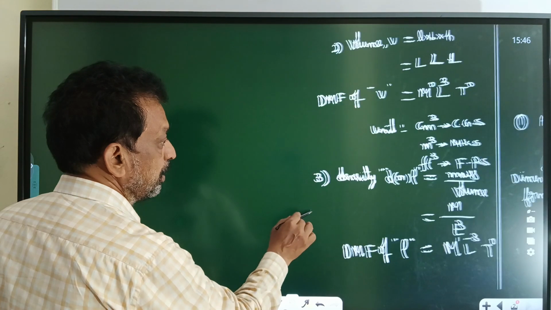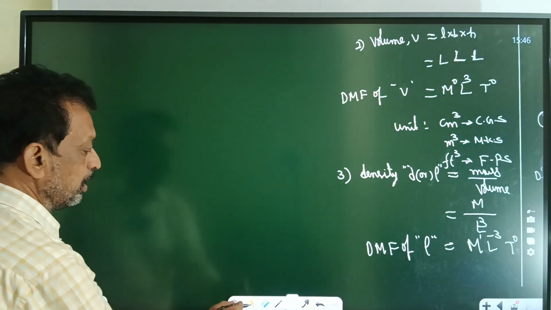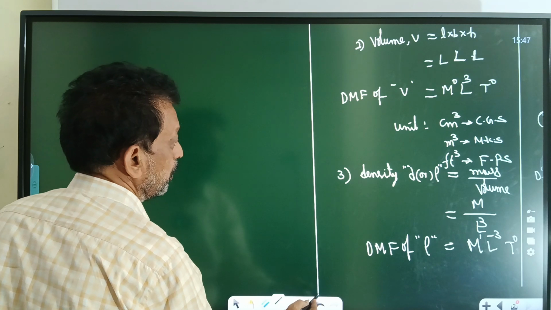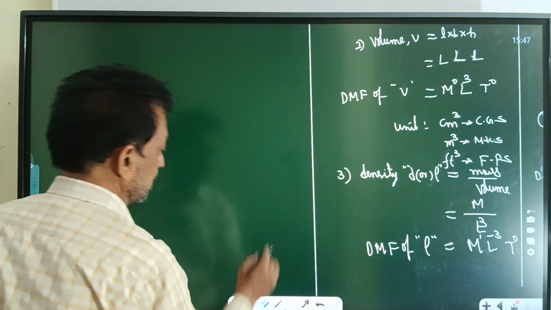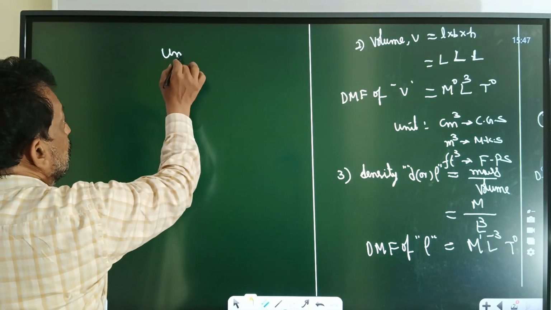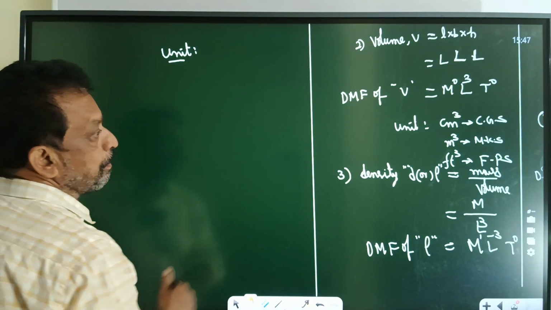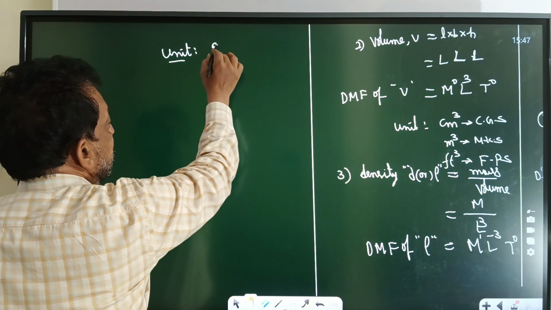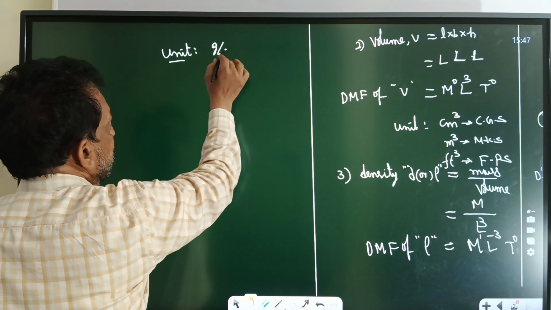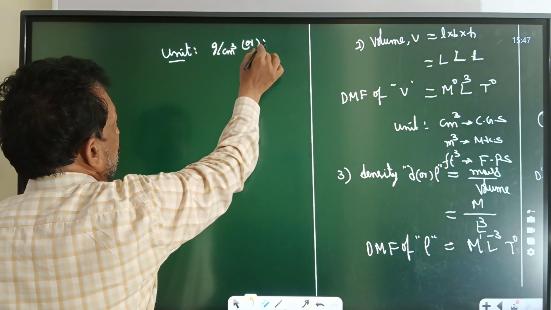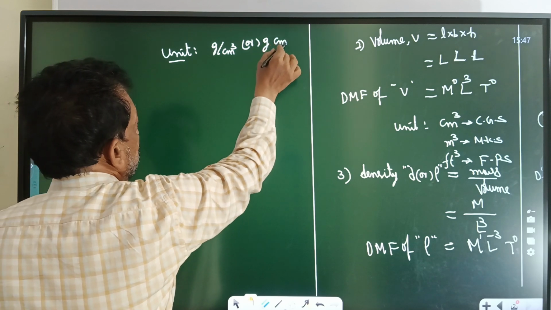Now you are going to write the unit. So what is the unit of this one? In CGS system, gram per centimeter cube or gram centimeter to the power minus 3.